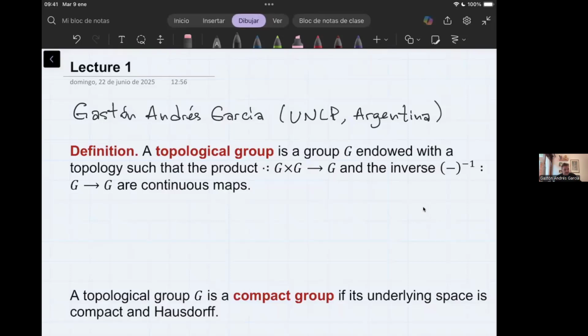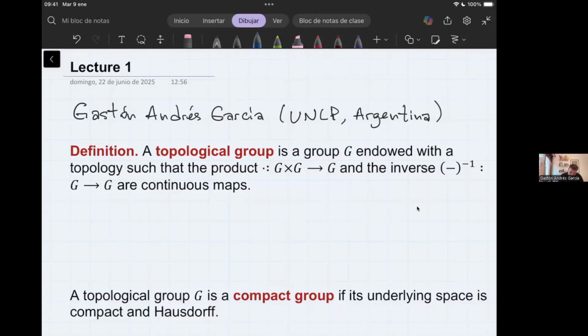And since every time we talk about things with some property, we want the structural maps to respect that structure, the multiplication and the inverse here have to be continuous maps. It means that they respect the topology, okay? So a continuous map means that the pre-image, so if someone forgot what a continuous map is, I can tell you. Any question that you have, you may interrupt me and ask me, okay? I'm trying to be as basic as possible in the first lecture.